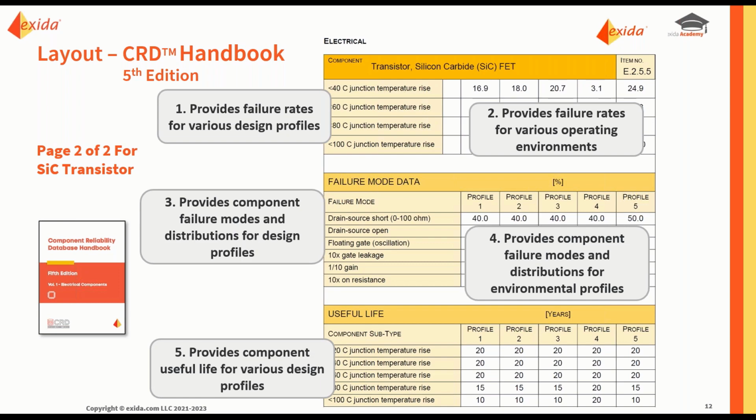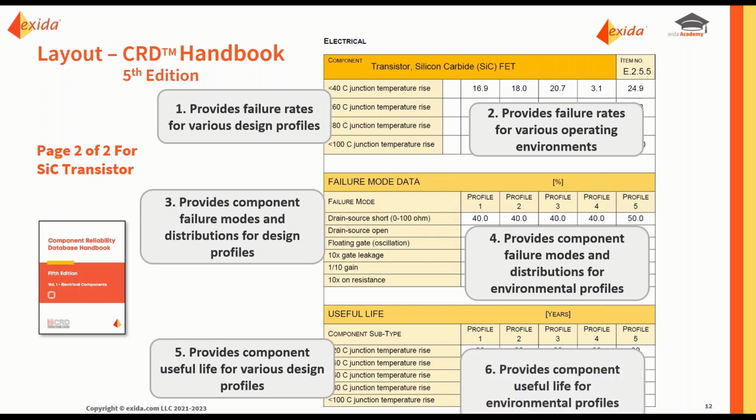As you can see here, if you're running this particular component at a very high temperature, 100-degree junction temperature, profile 5, which is a high temperature environment as well, the useful life is only 10 years compared to 20 years for some of the lower temperatures and the less extreme environmental profiles.